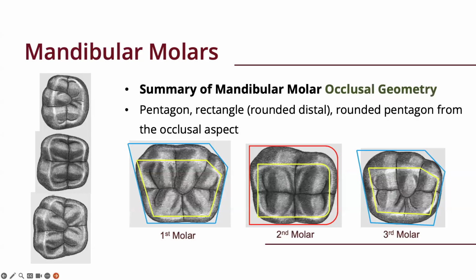And from the occlusal aspect, the occlusal geometry, we have a pentagon with the first molar, a rectangle, but with rounded distal corners on the second molar. And then the third molar is a rounded pentagon shape.